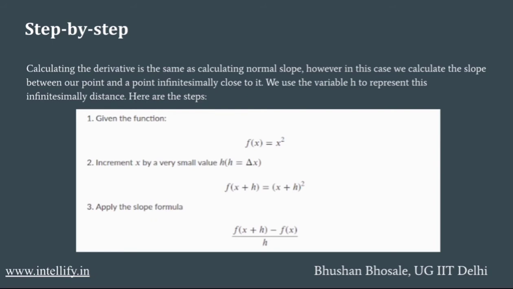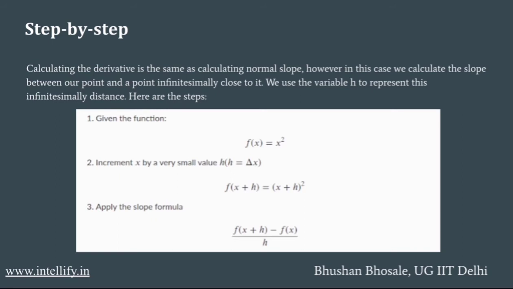So the point is extremely close to that point, and then we have two points, and we calculate the slope using the formula y2 minus y1 upon x2 minus x1, where y2 and y1 in this case are f of x plus h and f of x. When we apply the formula, the result would be f of x plus h minus f of x upon x plus h minus x, that would be h.